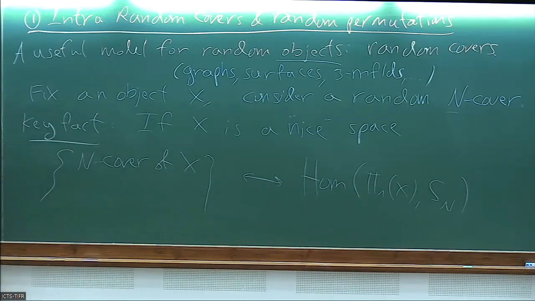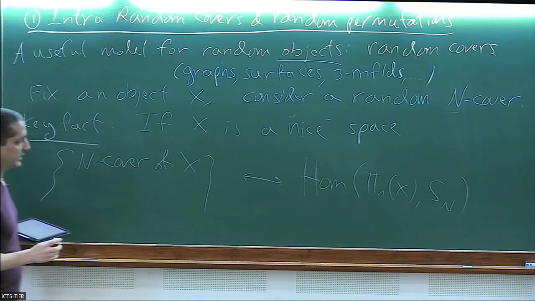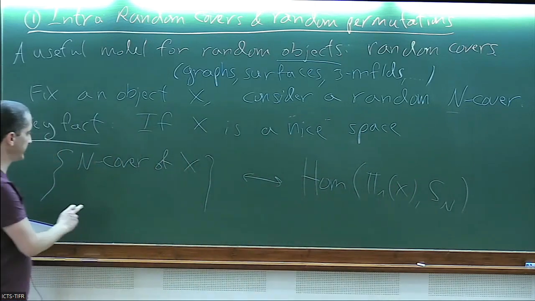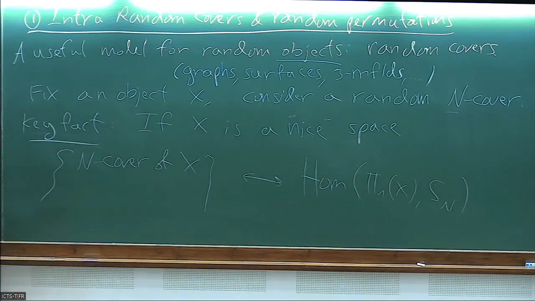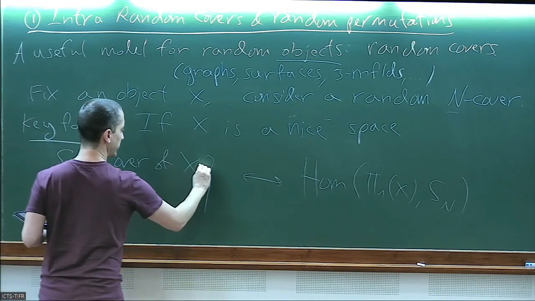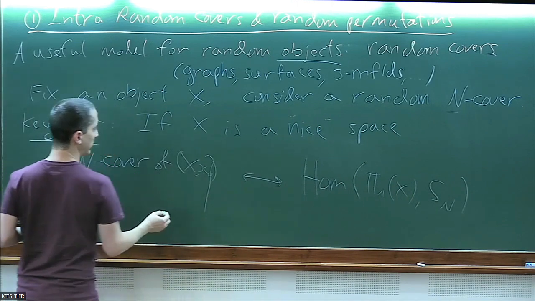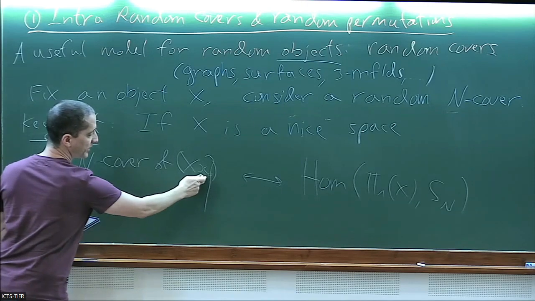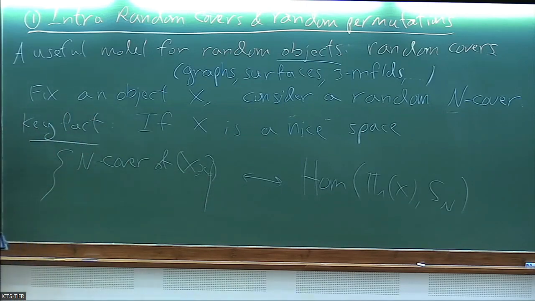Now, I left some space here. This statement is not exact as I stated it, so there is something missing. What is missing is that these n-covers should come with labels. So if X has a base point x naught, then since it's an n-cover, above the base point we have n different points, and I need to label them by the numbers 1 to n.